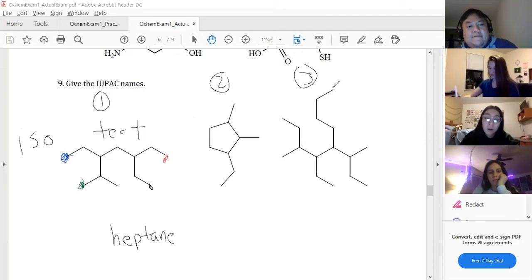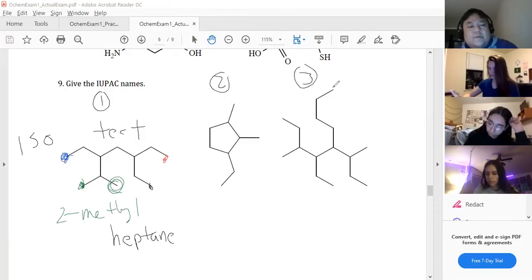So we should have 2-methyl, right? And I'm just writing this down. 1, 2, 3. 3-ethyl. And again, I'm just writing this down. And then 4, 5, 5-ethyl, right? Those are our 3 groups that we need to put.